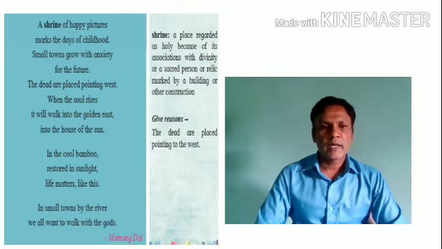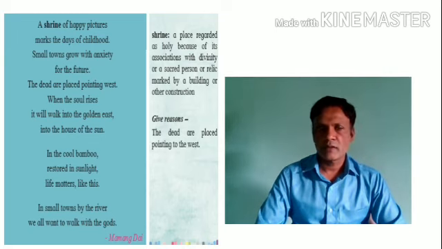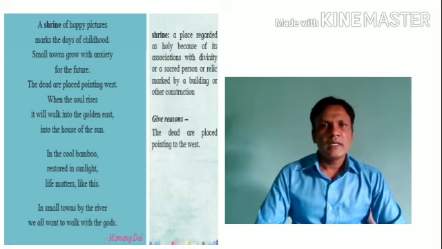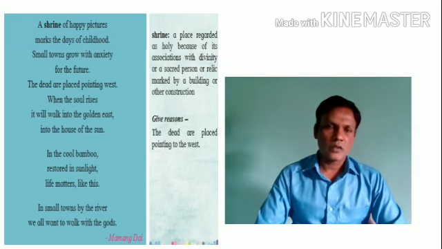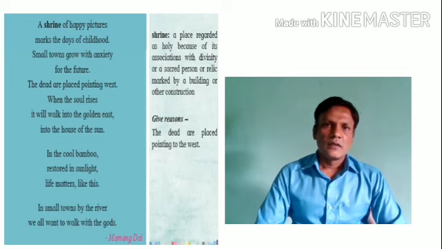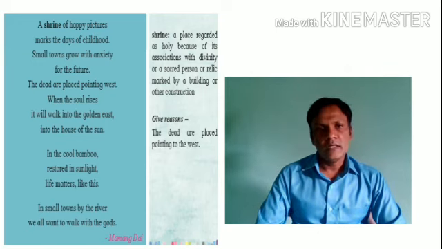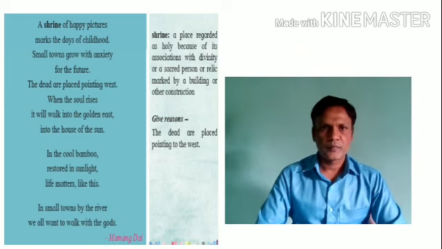In small towns by the river, we all want to walk with the gods. Here once again you can see a reference to the river. River is a part of nature, and nature is the creation of God. I told you that love for nature is one of the dominant themes of this poem.